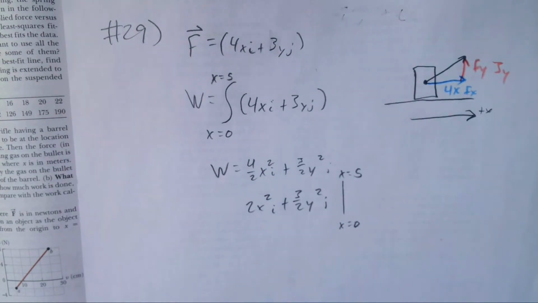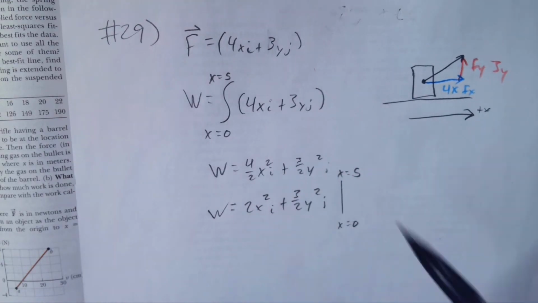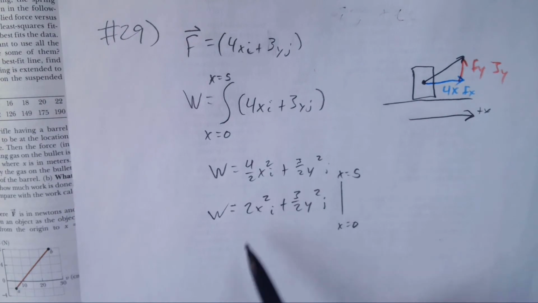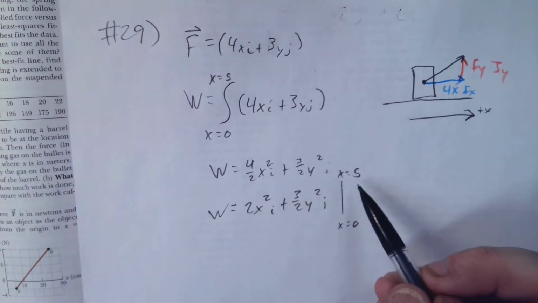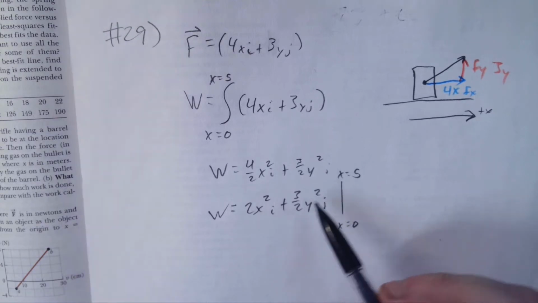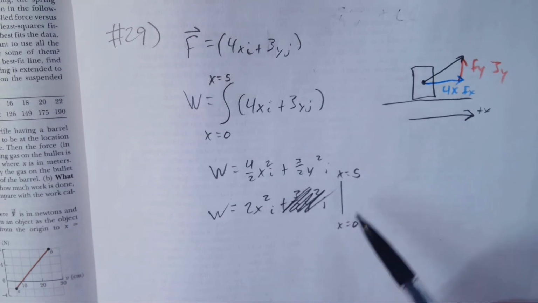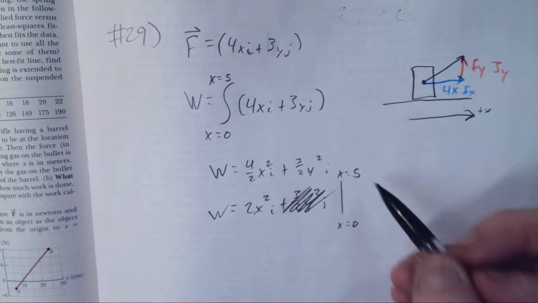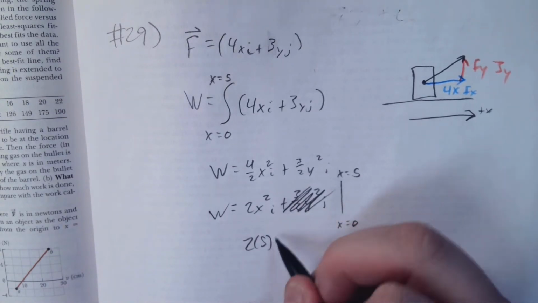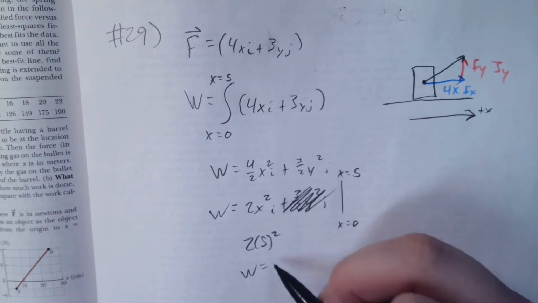When we were solving, I thought we need to plug 5 into both of those, and then realized, wait a second, the 5 is just being plugged into the x term. We don't even take the y term into account, meaning none of the work is done there. And so when we plug in 2x squared, 25 times 2, we get a work of 50 joules.